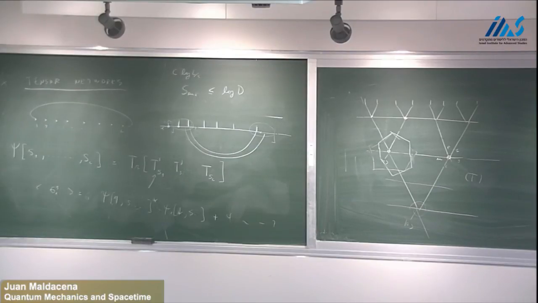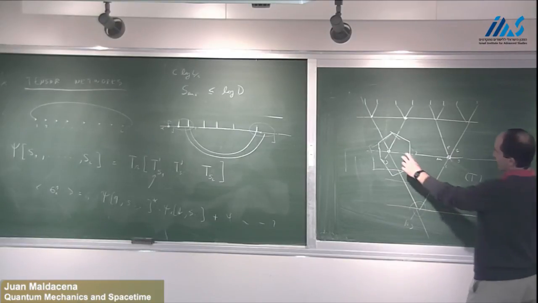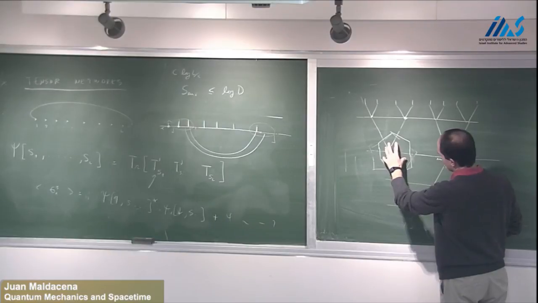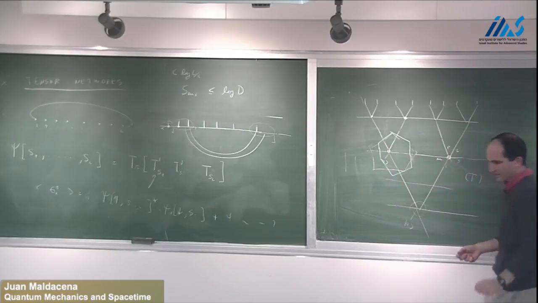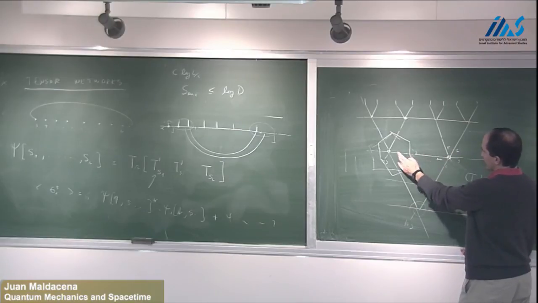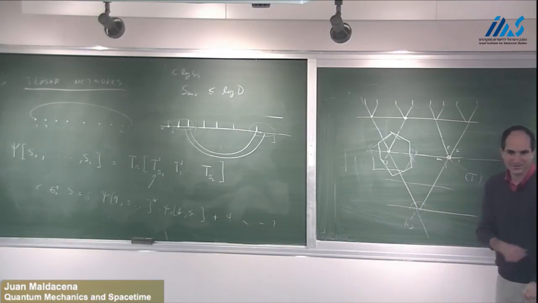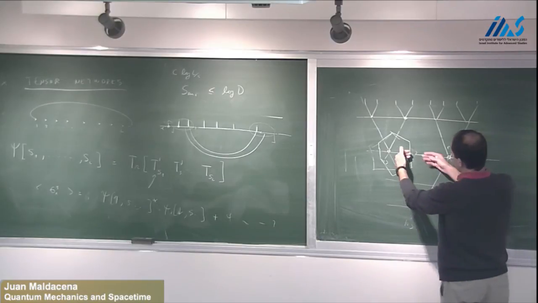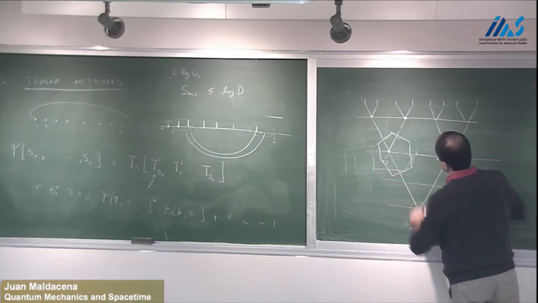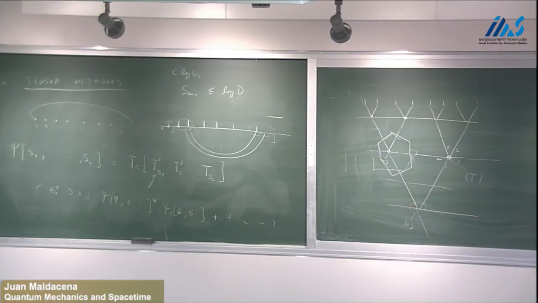So the idea is that each tensor would be related to the state of the fields in AdS within this pentagon. The fields are entangled to the next pentagon, but that entanglement is purely coming from this internal index, right? So it's completely auxiliary, and of course they all describe a single state.